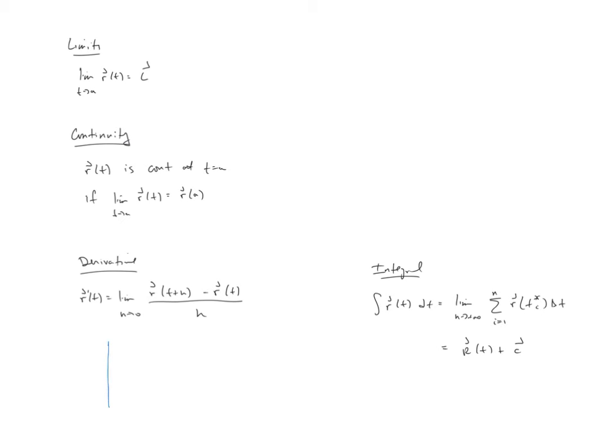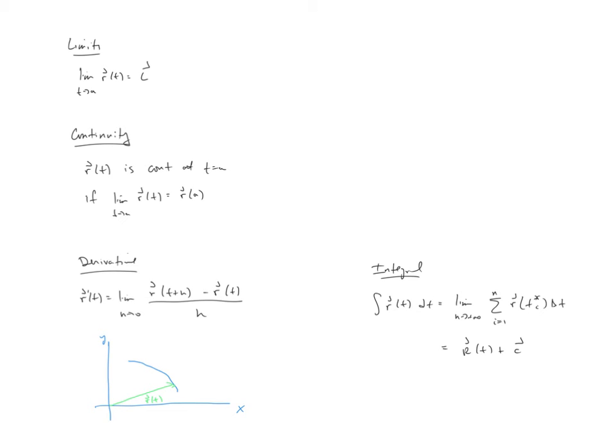So let me draw this picture here, and every time I draw it, it appears to be a little misleading, so let me try my best here. Let's say we have a curve that looks something like this. There's our x-axis and y-axis. And then let's say that this guy right here is going to be our vector r of t.